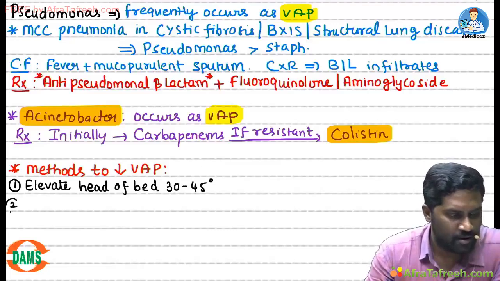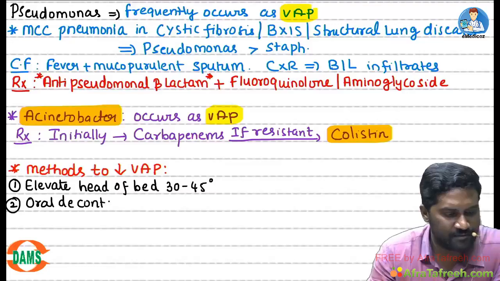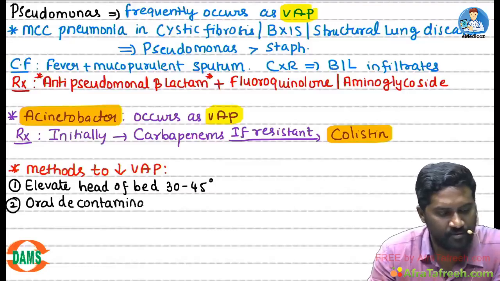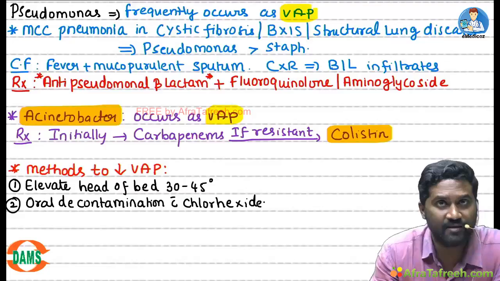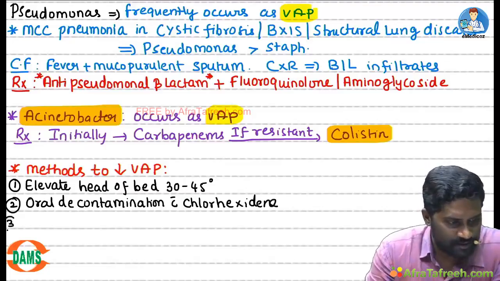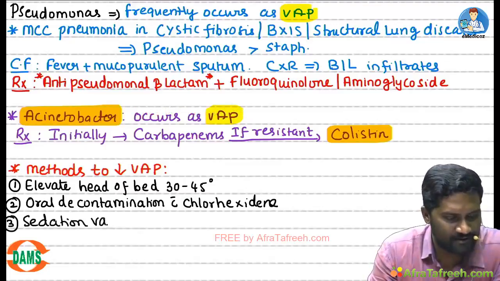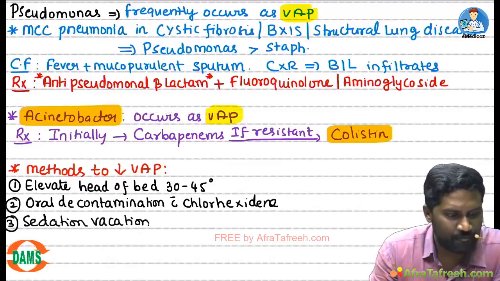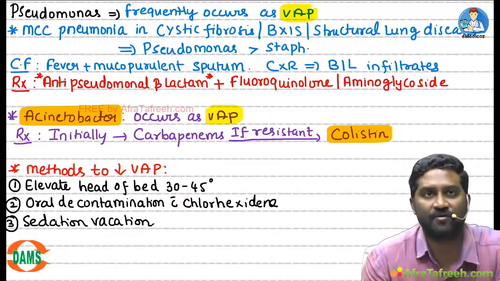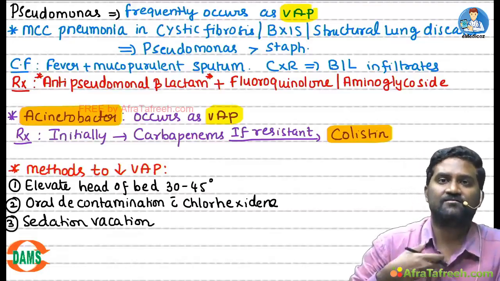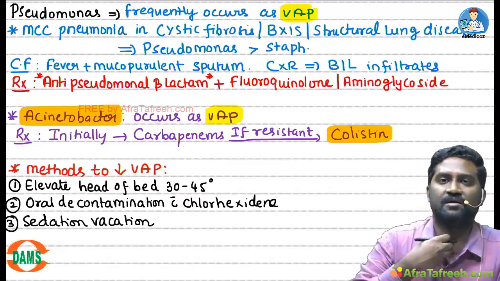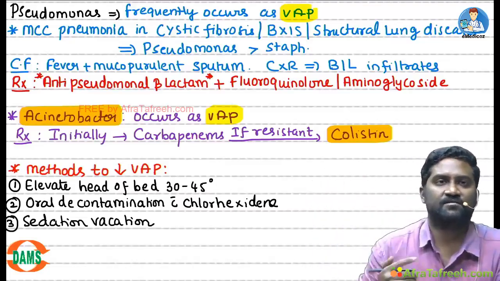Second method, oral decontamination. I am cleaning his mouth with chlorhexidine to make sure his oral cavity is not harboring any organisms. Third, sedation vacation. I am not sending him anywhere. Vacation means giving a break. I am giving a break to his sedation so that his cough reflex will develop and at least he can cough the secretions up to the trachea where I can suck them out through suction.